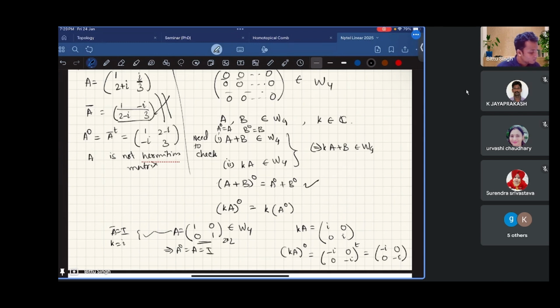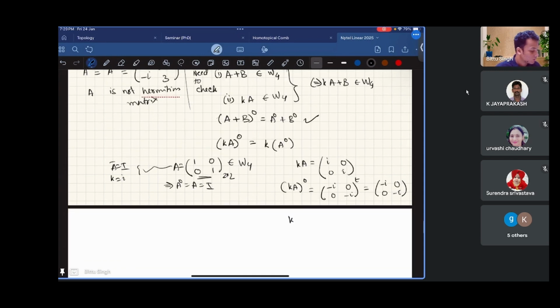But you can see that K times A naught, what is K times A naught? A naught was 1, 0, 0, 1. But K is this i. That is K times A naught is same as i, 0, 0, i.